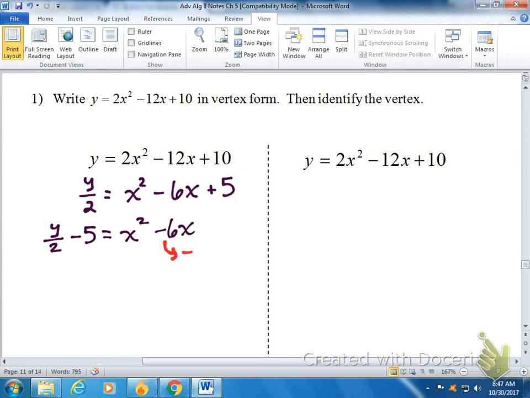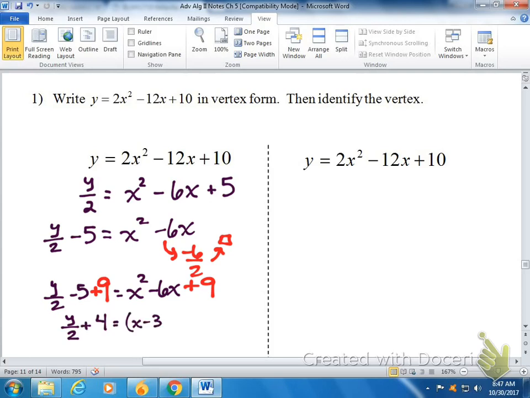So -6 divided by 2, and then square it. We're looking at -3 squared. I'm adding 9 on both sides, and then I'm simplifying the left side and writing the completed square on the right side.